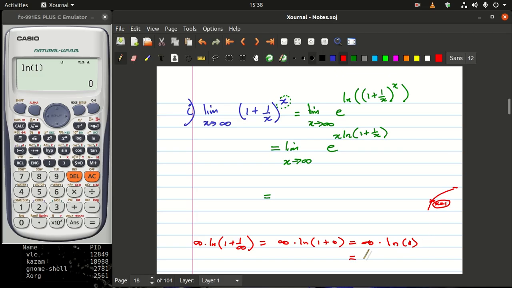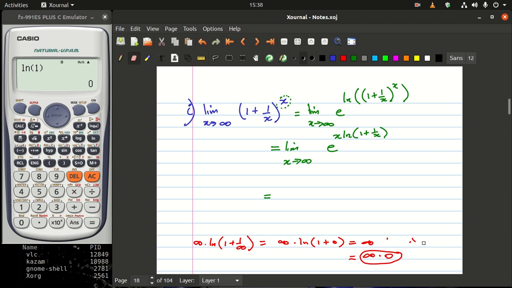So we are actually having infinity times 0, which is also an indeterminate form. So how do we change this such that we are not landing with this in the exponent, and we land with something we can work with?